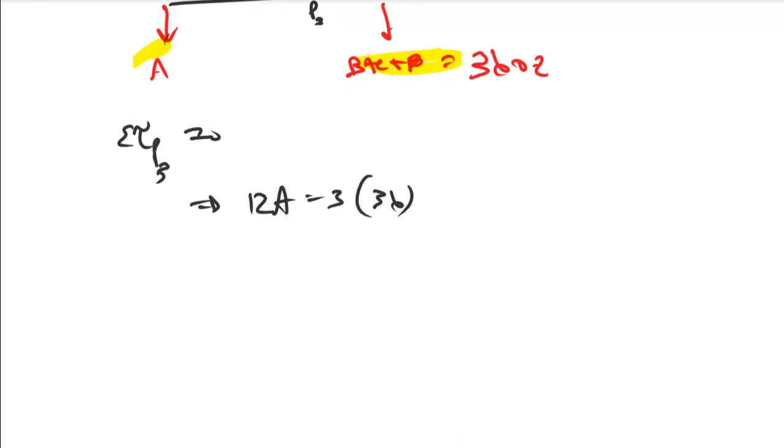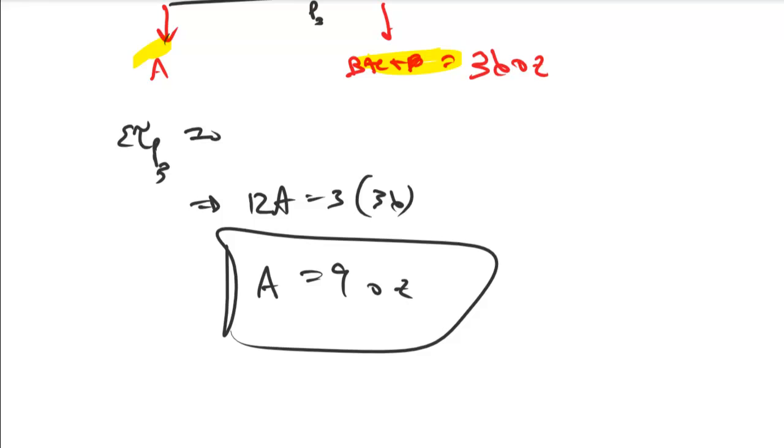And so then we see that A is equal to 9 ounces. And there we have it. We have the weights of all of these fish to balance the mobile so that we can build a fish mobile for our children. Since we have all this time now in isolation.